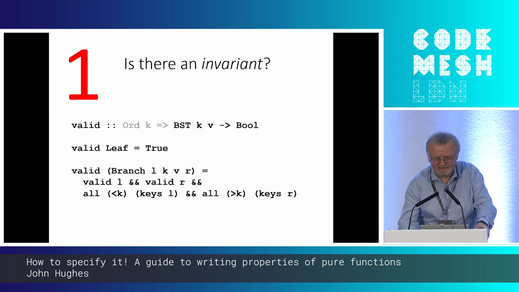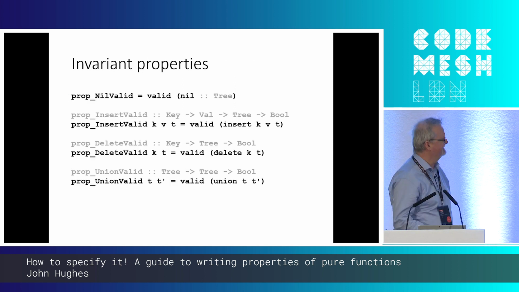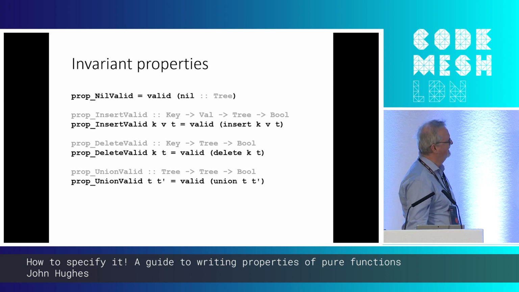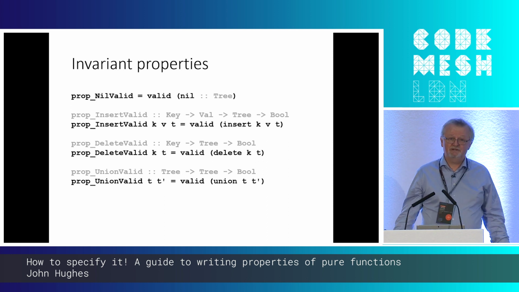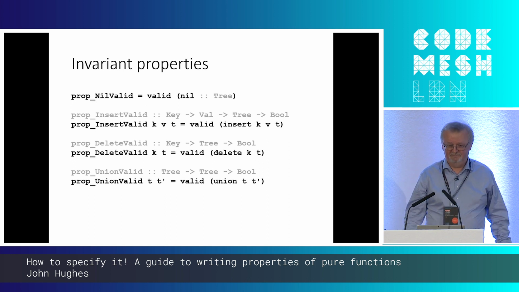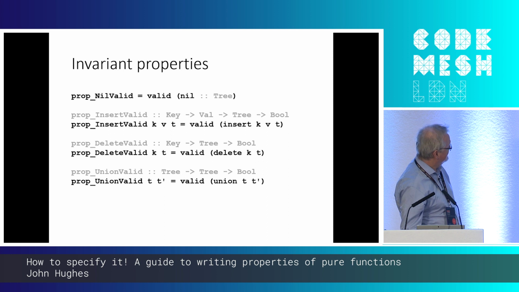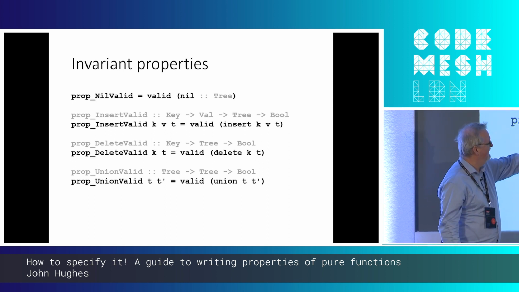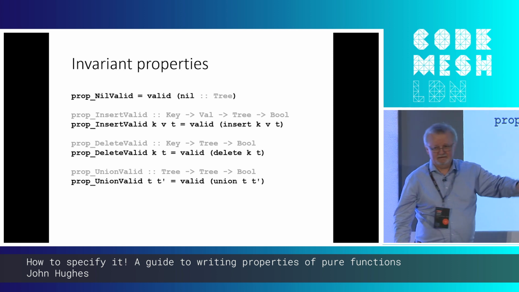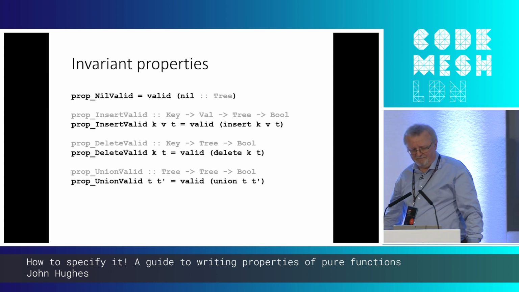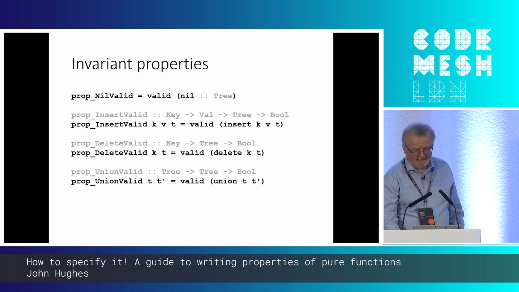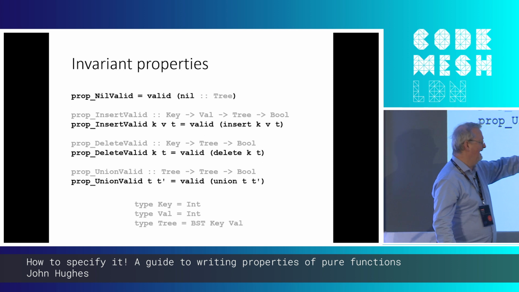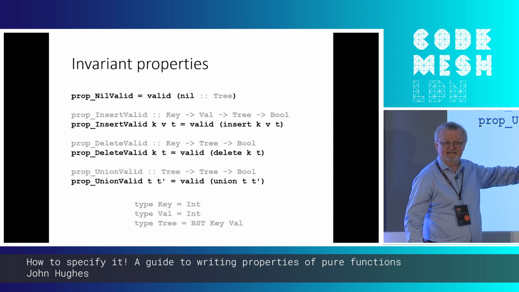So now I can just write a whole lot of properties, right? For all the functions that build a tree, well, nil is one of them, then insert, delete, and union, the result should be a valid tree. Very straightforward. You'll notice that each property has two lines here: there's the actual definition, and there's the type signature, which I've written in gray. Those type signatures are needed, along with some type definitions, to tell QuickCheck what kind of data I want to use for tests.